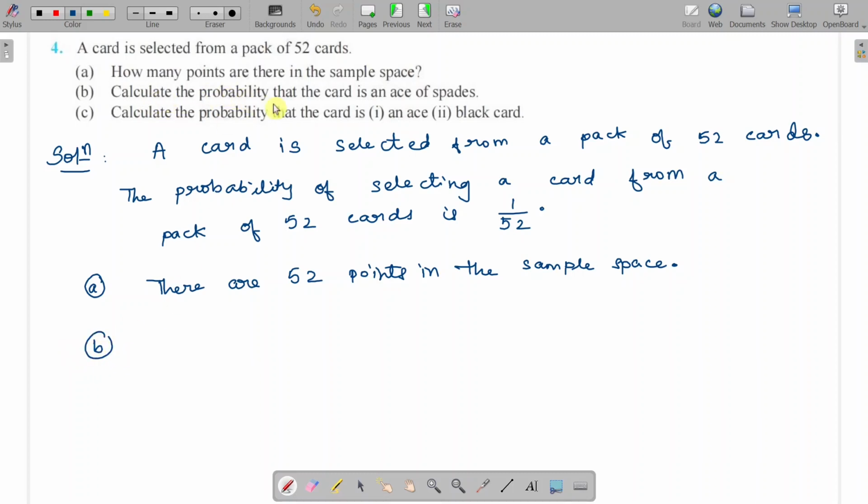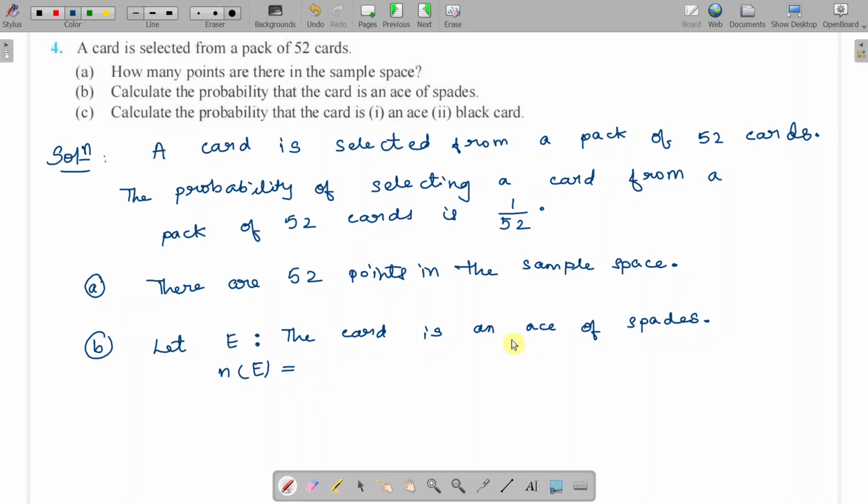And B, calculate the probability that the card is an ace of spades. Okay, so first of all, let us consider the event. Let E be the event that the card is an ace of spade. Okay, so the number of elements in E will be what?